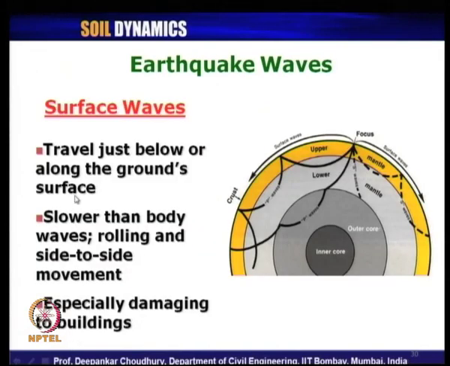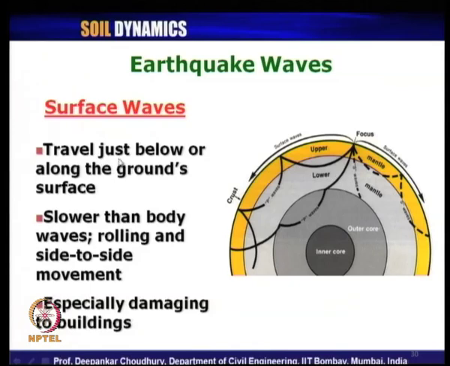Coming to the surface waves, they travel obviously within the crust, very close to the ground surface. That is why the name surface wave. If you look at this, this is the earthquake focus. S wave and P wave travel inside and get recorded on the other side, whereas surface waves travel superficially, as the name suggests, only in this direction to a certain distance.